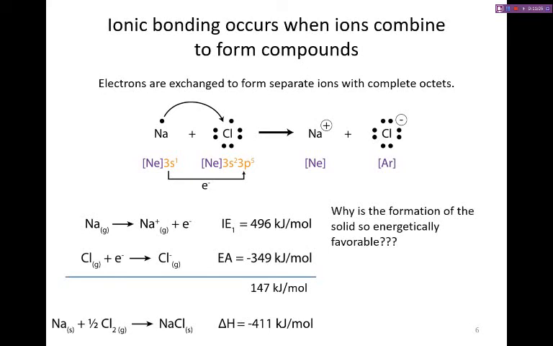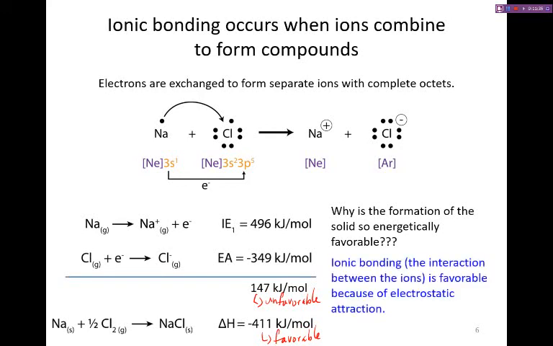This raises the question of why the formation of the solid is so favorable if the formation of the ions themselves is so unfavorable. Because it's endothermic, this is unfavorable. It requires energy to make that process happen, whereas the entire process as a whole is favorable. So how do we account for this difference?